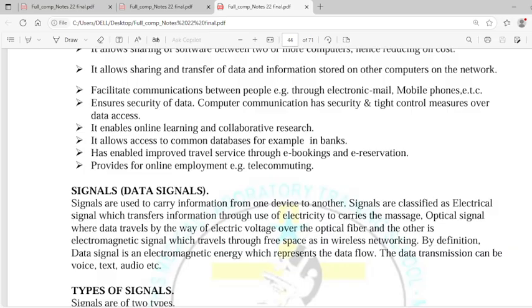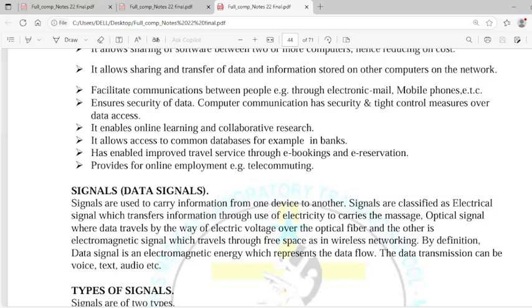For example, in banks, a database where information of several people is kept, many people can access that database at their own convenient time, and that is only possible with the help of two or more computers being connected together to make a communication.